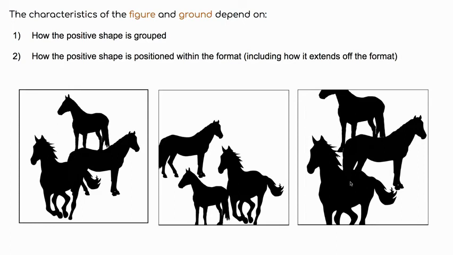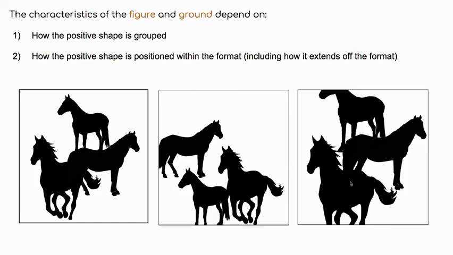And then another factor is how much space the positive shape takes up within the composition. So the figure grouping on the far right is the same as it is on the far left. The difference, though, is that I've cropped in, or I've enlarged the figure or the positive shape to extend off two sides of the format, the top and bottom.